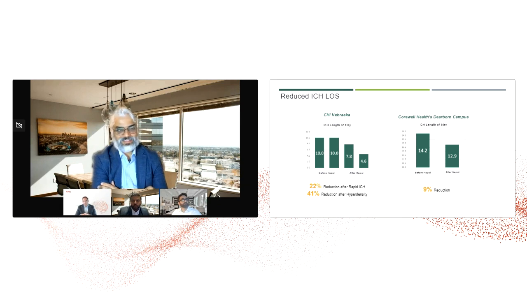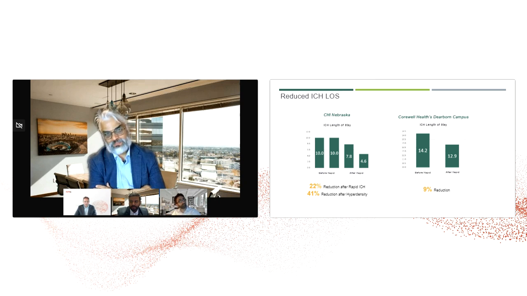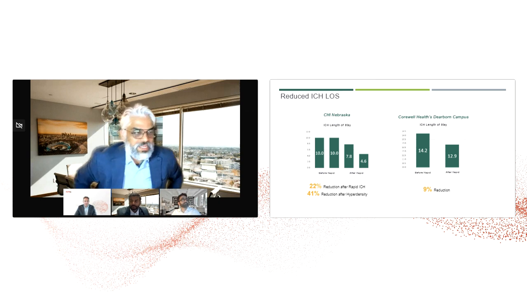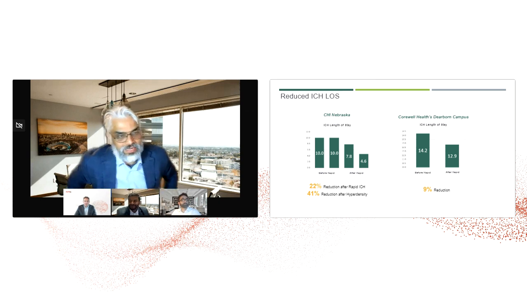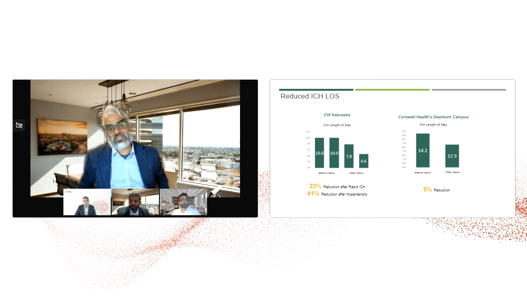So imagine my residents, my fellows, my attendings, my ICU folks, they are writing these ICH scores, they are using order sets. That has more to do with it than just the detection itself. So it's helping. Down the line, we'll get more delineation, since ICH is an important stroke metric.